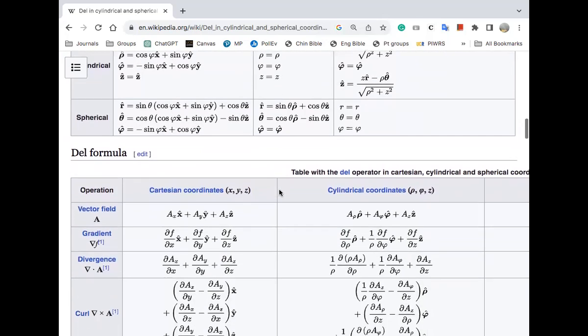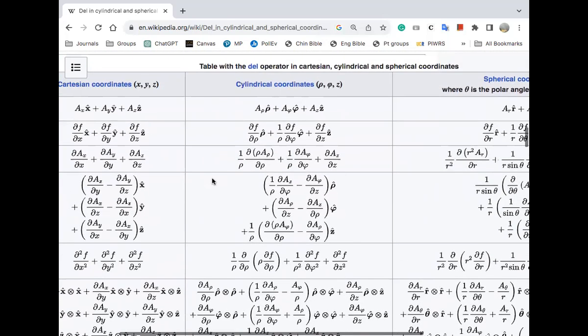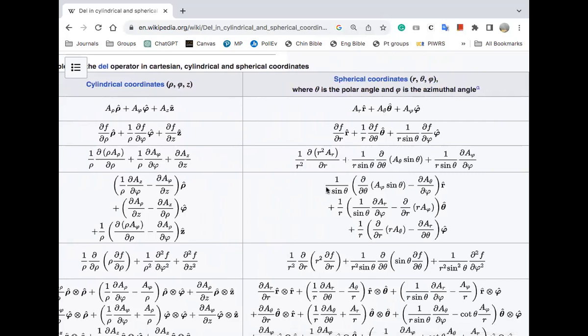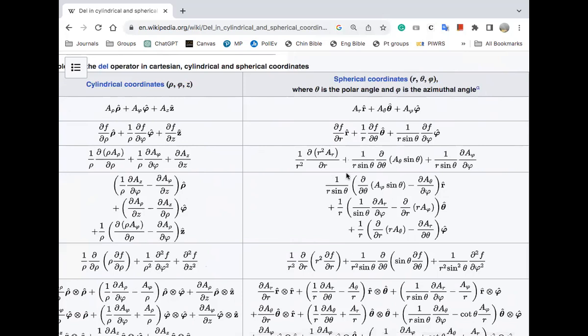Okay, you search for curl in spherical coordinates, and then this is the curl in spherical coordinates. You're gonna have this definition.